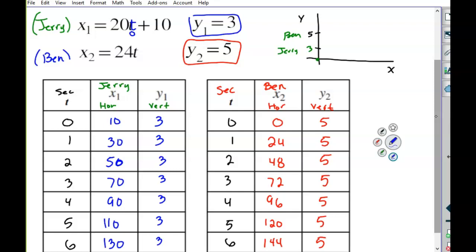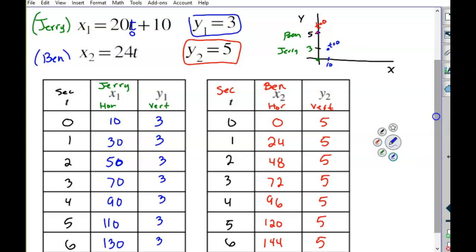So let's look at this. If we look at Jerry, okay, Jerry says he's at 10 feet. So let's say here's 10 feet. After 0 seconds, this is where Jerry starts. So I might put a t equals 0 here for Jerry. Right? And then Ben starts right here, and that's t equals 0 for him.